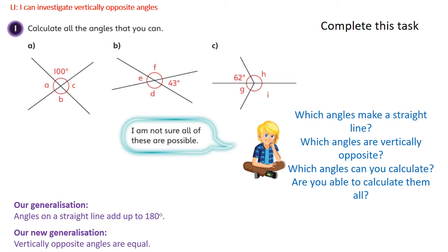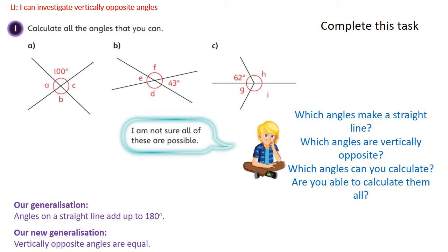So you can work out the answer for D. E is vertically opposite 43. So I'm guessing that E should be 43, but we can double check that by doing F plus E equals 180 degrees.